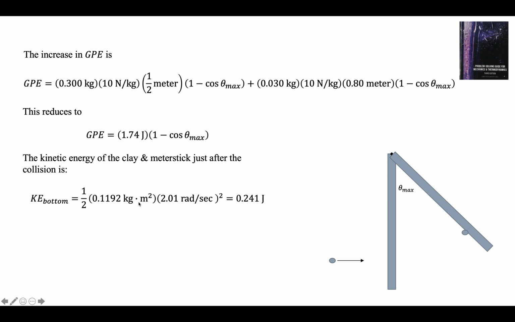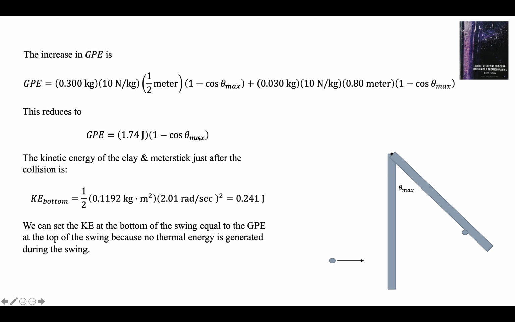Moment of inertia of the clay plus the meter stick, angular speed of the meter stick after the collision. It's that much, so we can solve for theta max by setting those equal. No thermal energy is generated during the swing. The thermal energy is generated during the collision. So we avoided the collision by getting the clay and meter stick angular speed just after the collision.